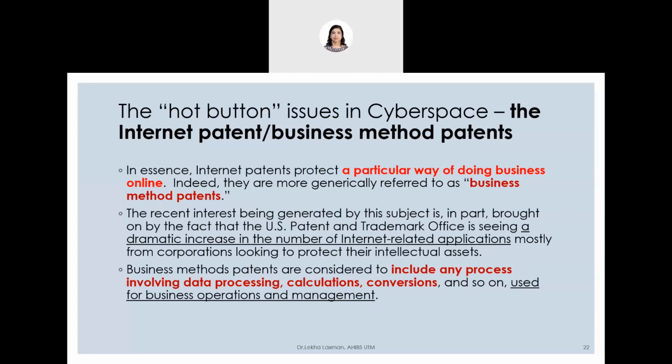So this had generated a lot of interest, and you can see that in the United States, there has been a dramatic increase in the number of internet related applications or business method patents. Lots of corporations want to have the edge in doing business online, and the best way to capture the market is to have efficient business method applications online.